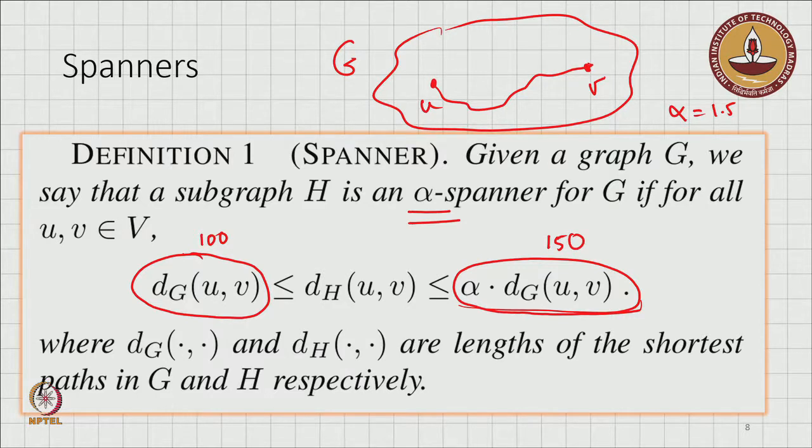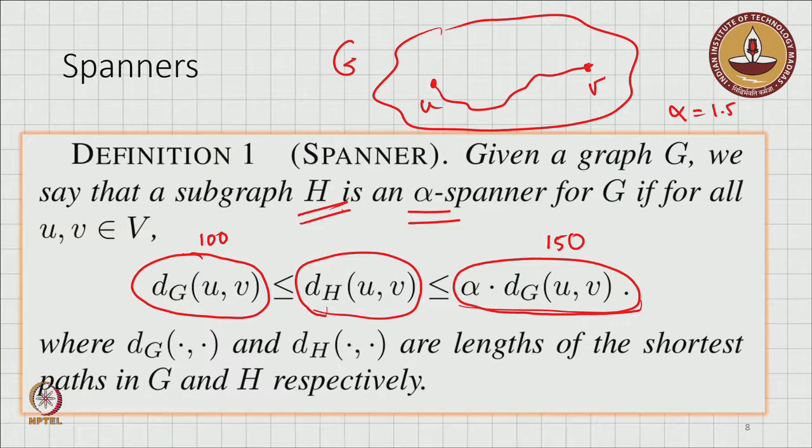So this gives us a range to work with, and from G we want to construct a subgraph H. We say that H is an alpha spanner if the distance between U and V in H is sandwiched between the original distance between U and V and alpha times the original distance between U and V.